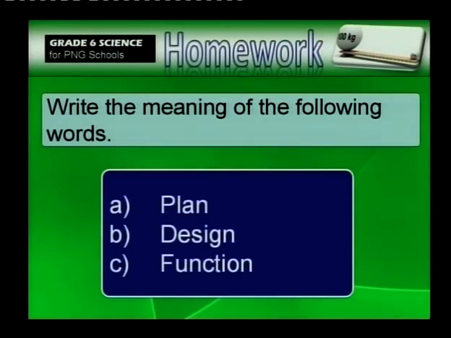So it is very important that you know the meaning of these words. I will give you 2 minutes to copy down the homework into your exercise books.